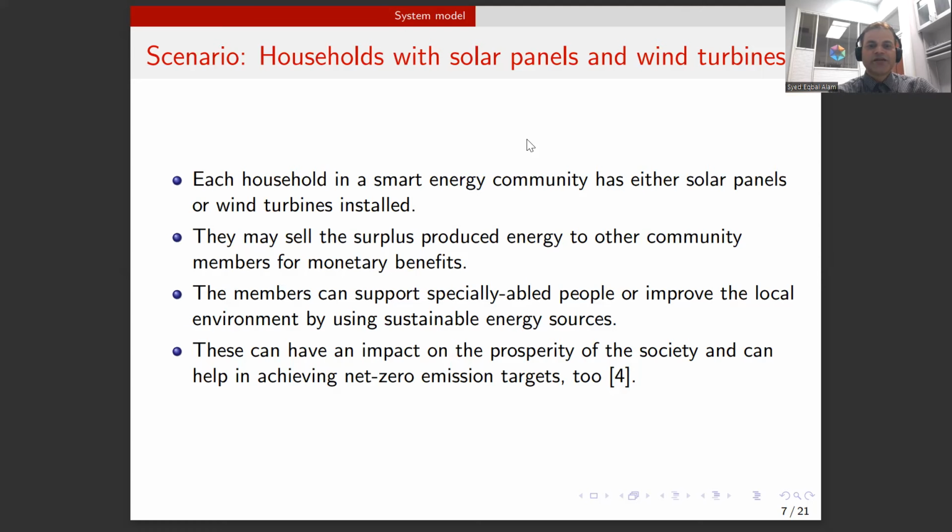The members can support differently abled people also, and they can help in reducing energy poverty, and it can help the community or the environment to become self-sustainable. They can also have an impact on the prosperity of the society and can help in achieving net zero emission targets.